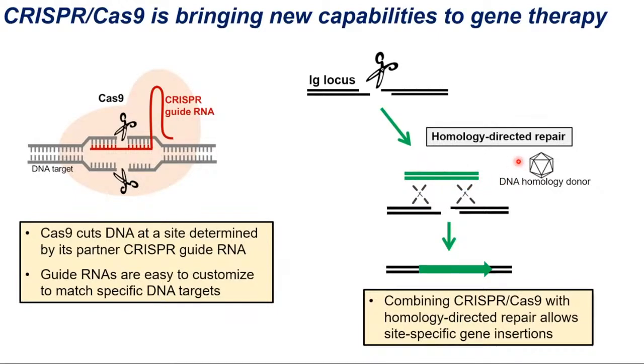It's a very complicated process, so I'm not going to go through it on this slide. But the end result is we can get insertion. Here, my green arrow is supposed to be my antibody. In theory, we can insert our antibodies into the immunoglobulin locus. So that's the sort of enabling technology.